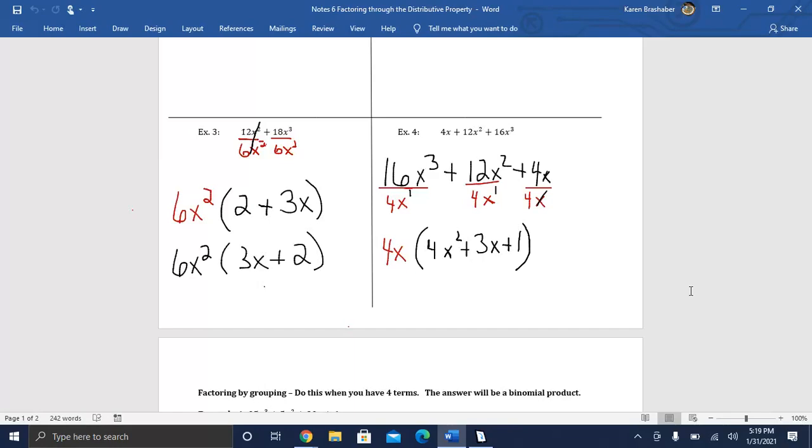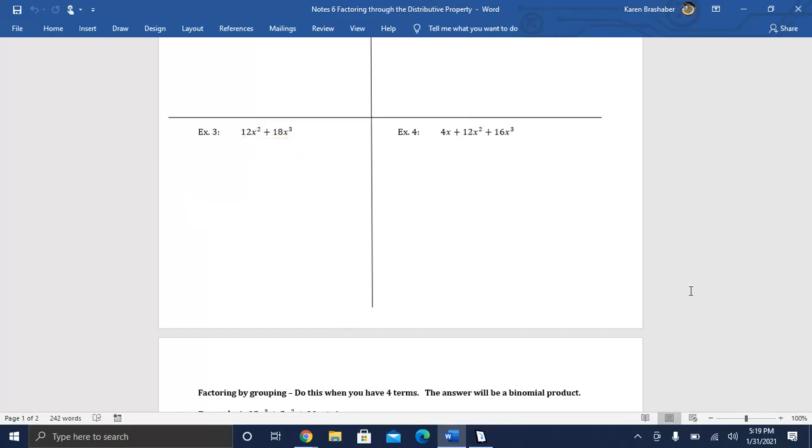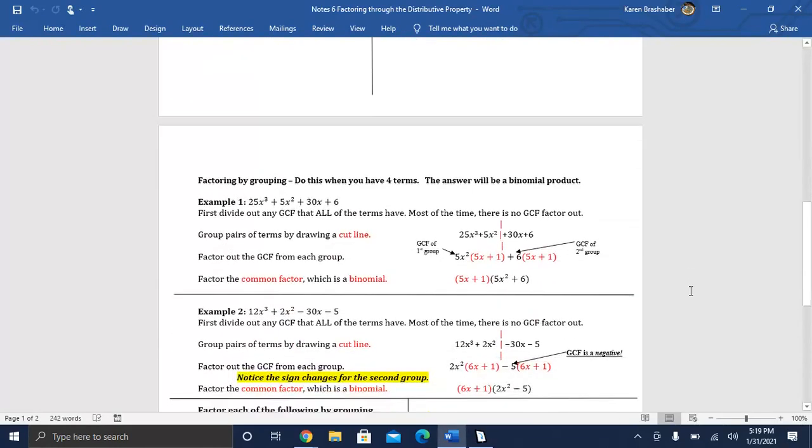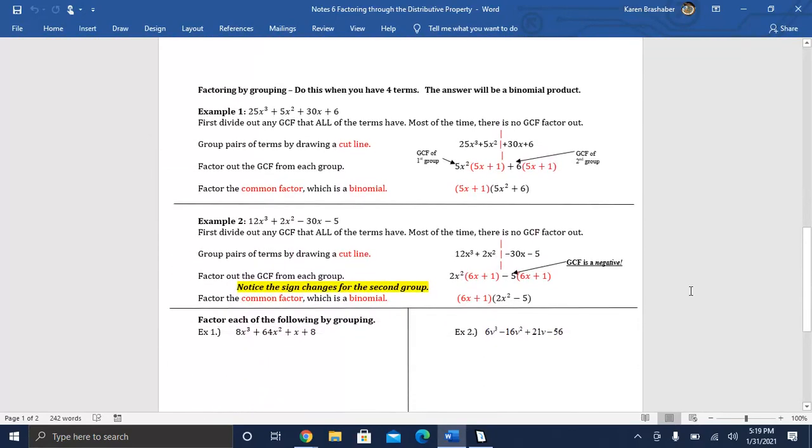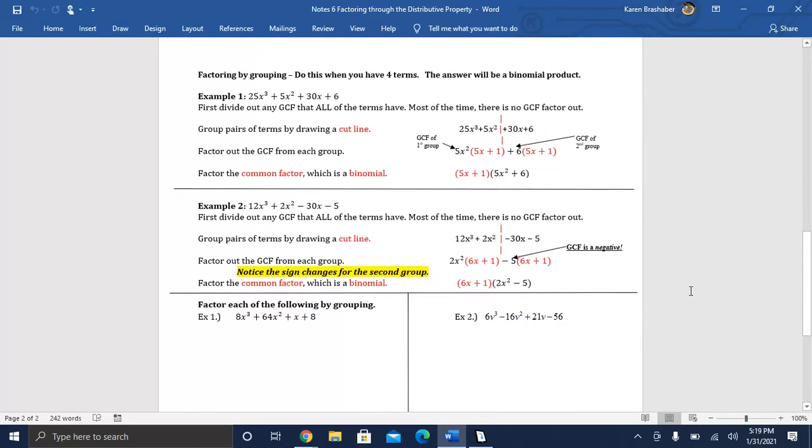Move on to the back side of your papers. We're looking at factoring by grouping. Now, I tried to explain on the typed up portion of your notes that this is a technique that you can use when you have 4 terms.